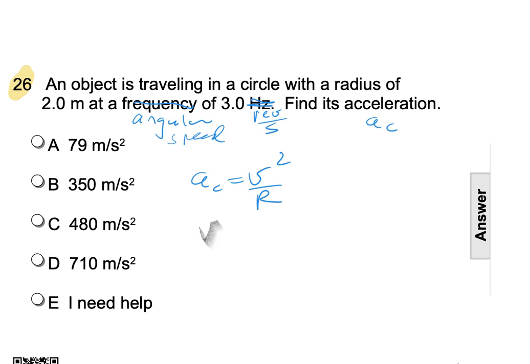So V equals 2 pi R over T. And again, I don't have T yet. But we've done this before. T is 1 over the angular speed.